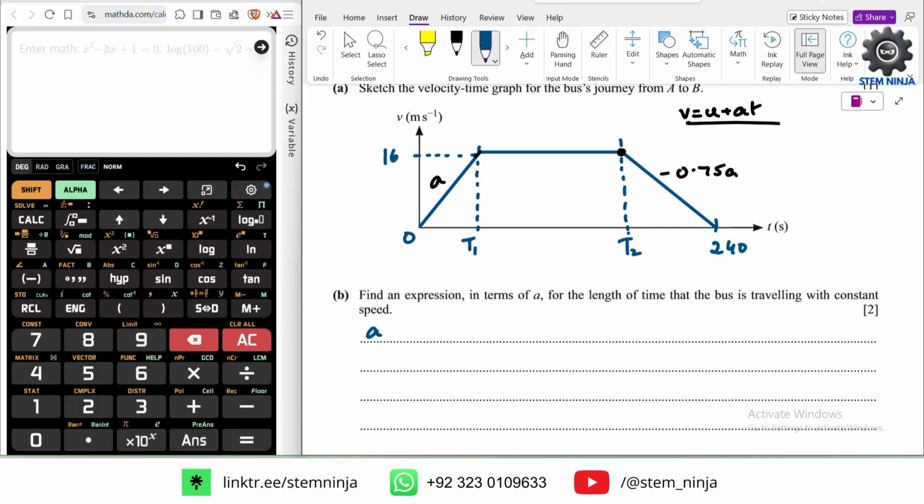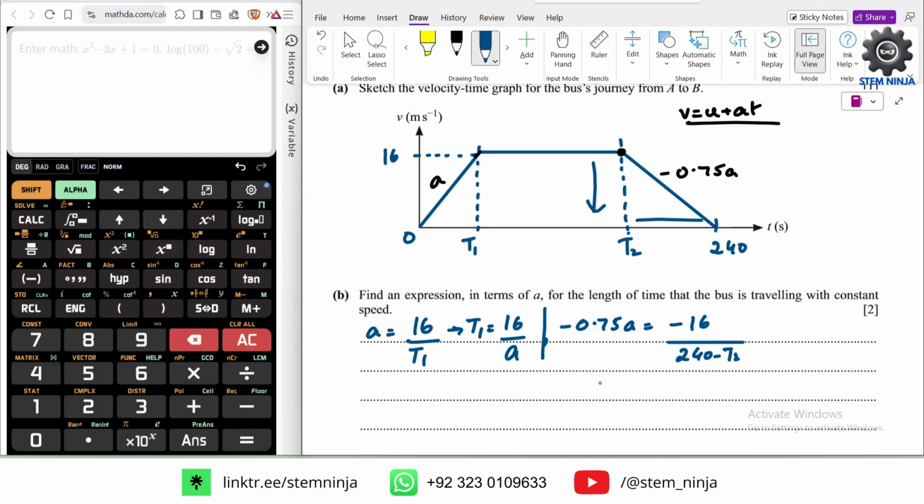So A is rise over run, basically 16 minus 0 over T1 minus 0, so 16 over T1. So T1 is 16 over A. Now for the second one, minus 0.75A, the change in velocity is minus 16, so simply going down, and we need to find out what the run is, which would be 240 minus T2.